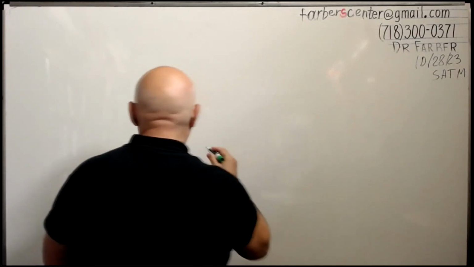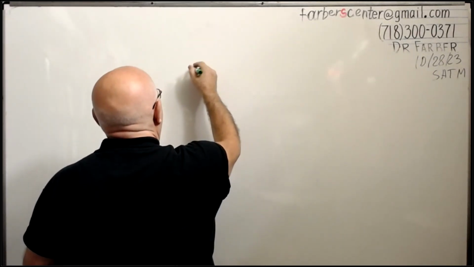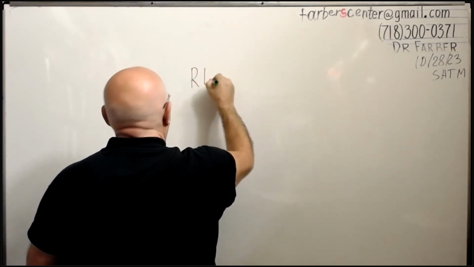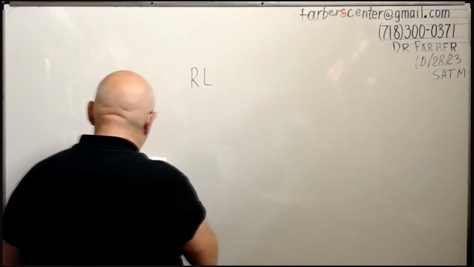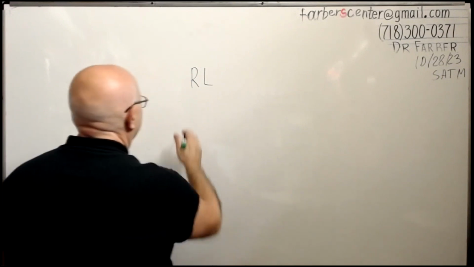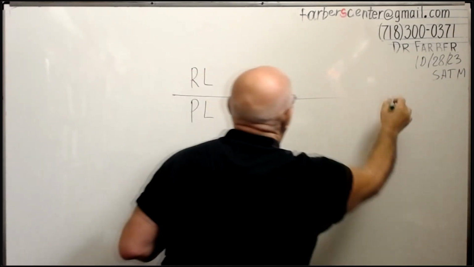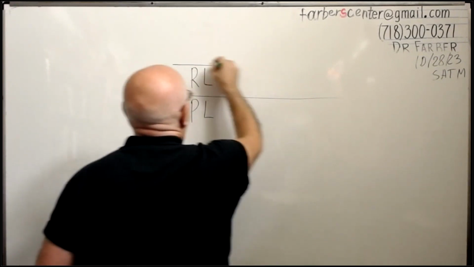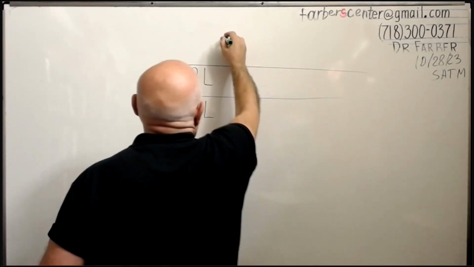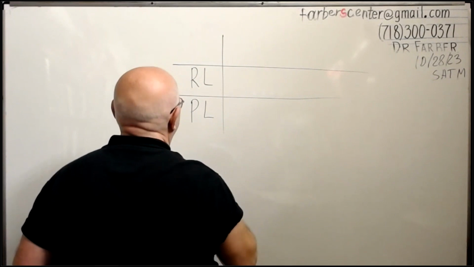For instance, I make it short: this is the riding lawnmower, and this is the push lawnmower. You can write using more words, but this is riding and this is pushing.